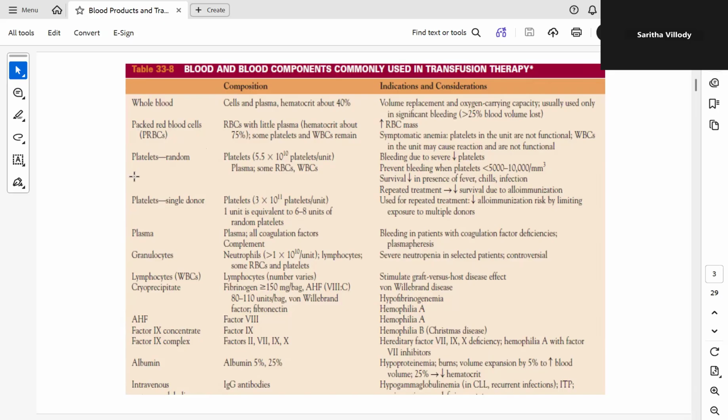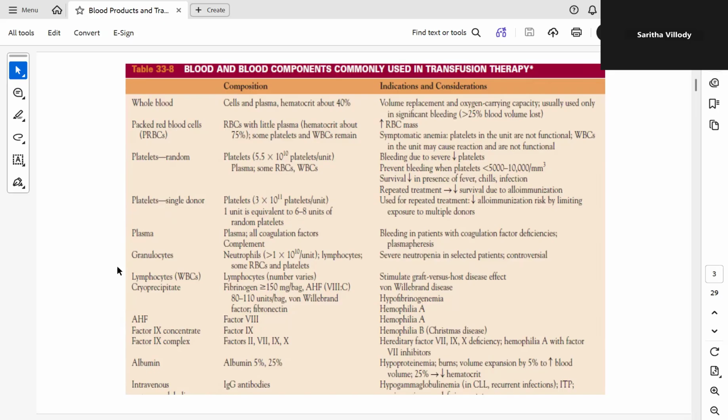Then platelets. There are different types of platelet products available, some from a single donor. It takes about 6 to 8 units of whole blood to make that platelet product. So it takes a lot of blood product to make the platelet transfusion.